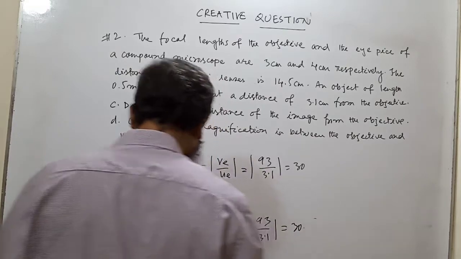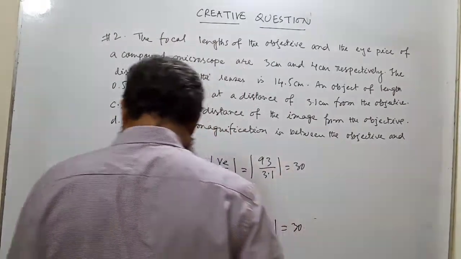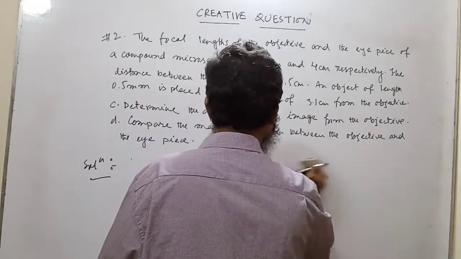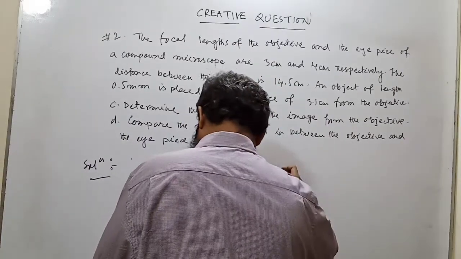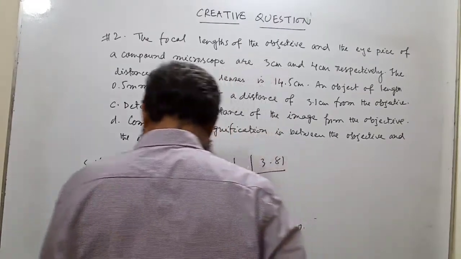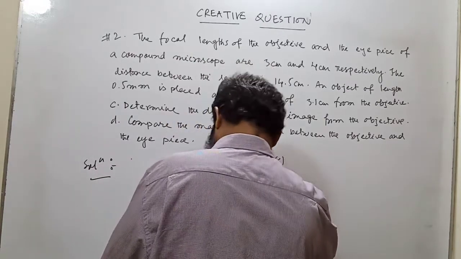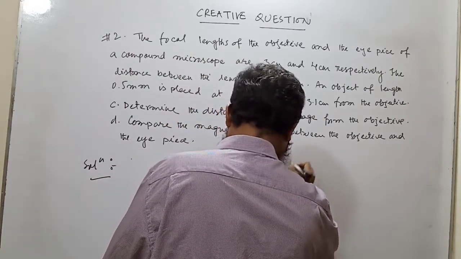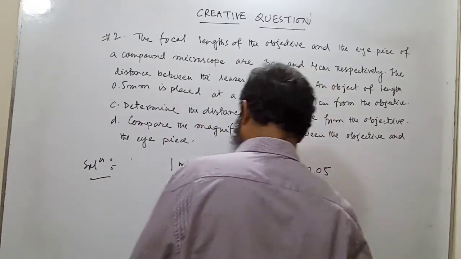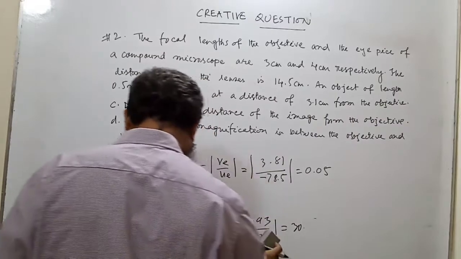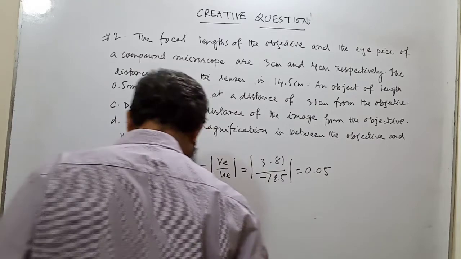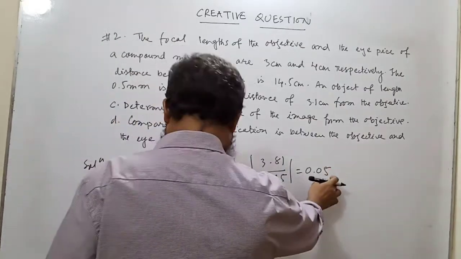That is, m naught is equal to 30, and me is equal to ve by ue, that is 3.81 by minus 78.5, which is equal to 0.05. So me is equal to 0.05.